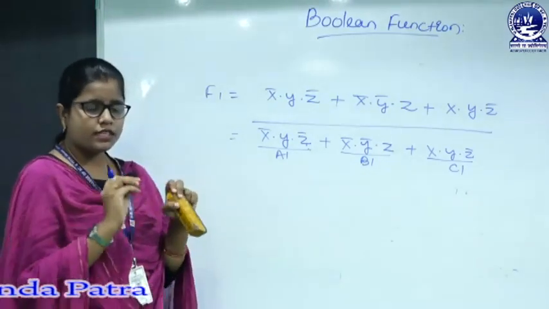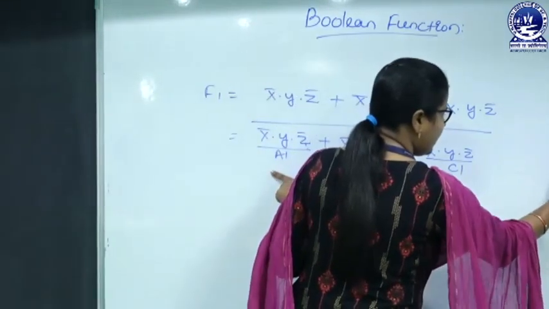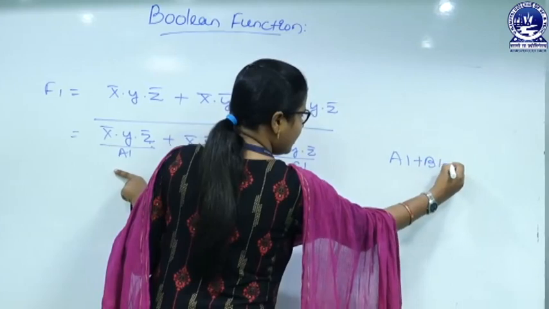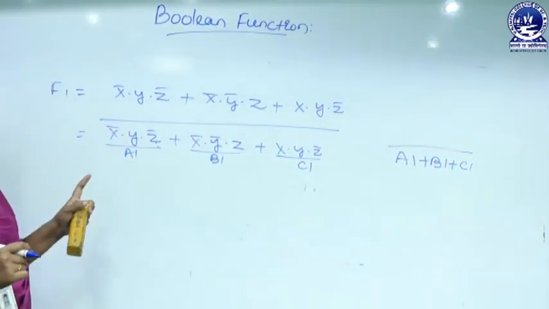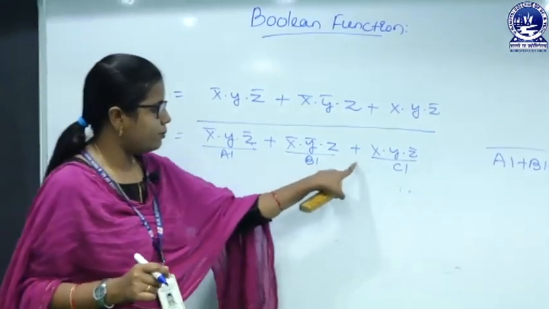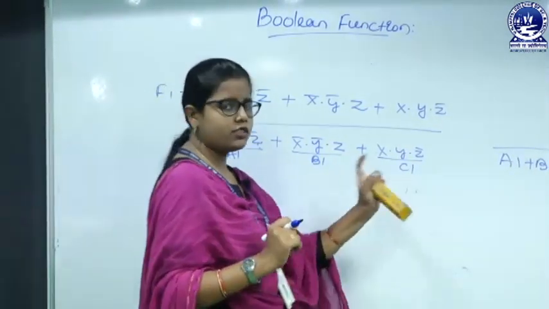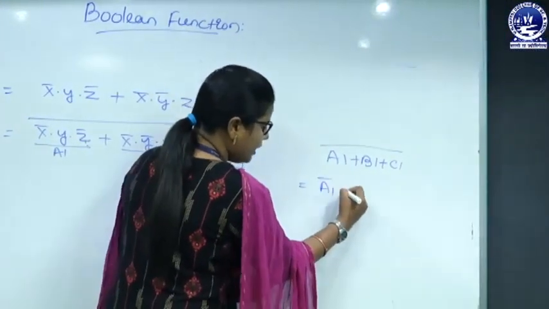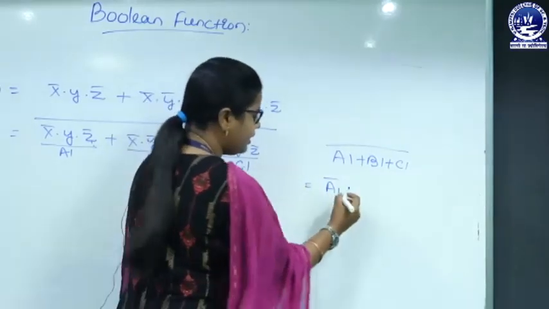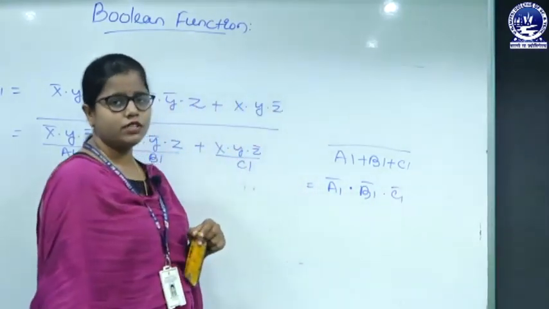If we just look into the generalized form, here what we are having, (A1 + B1 + C1)', the whole complement. So if we apply De Morgan's theorem there, what will we get? We will get A1' dot B1' dot C1'.